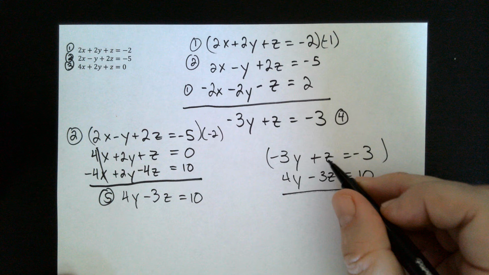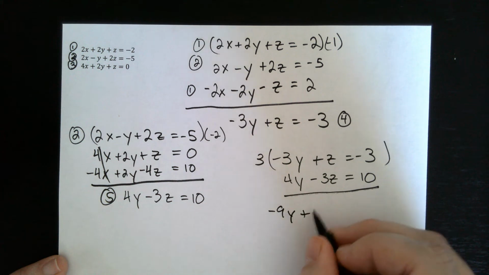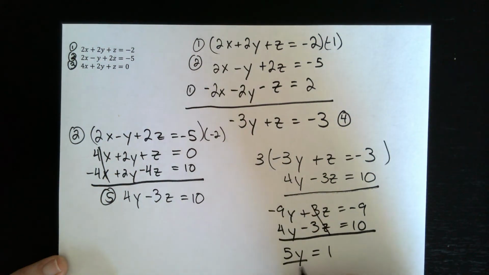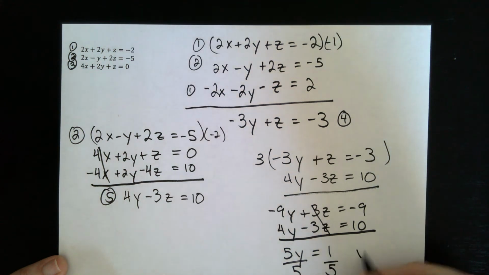So I do that, let's distribute, so I get negative 9y plus 3z equals negative 9, and 10. Add those up, the z's cancel, and you get 5y equals 1. Divide by 5 on both sides, and you get our first part of our solution, which is y is equal to 1/5.